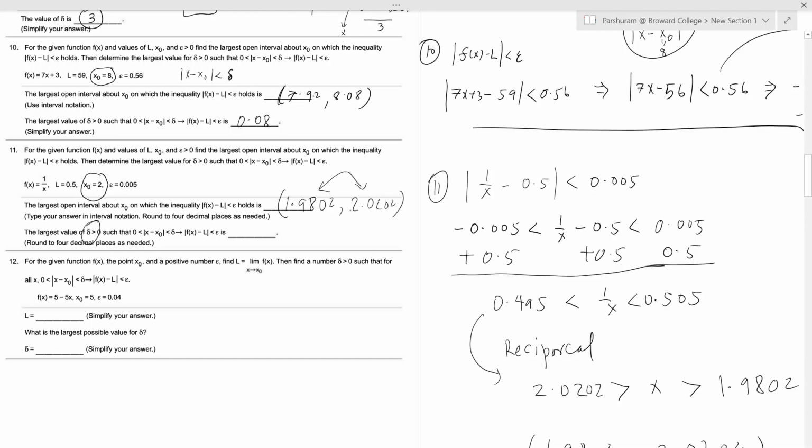If you just find the difference between them, the smallest one would be 0.0198, right? I can just subtract 2 minus 1.9802, which is 0.0198. So that's the closest one. So I can take delta as 0.0198.